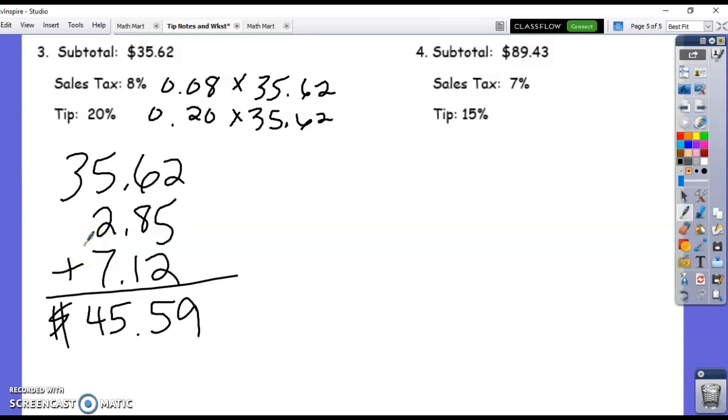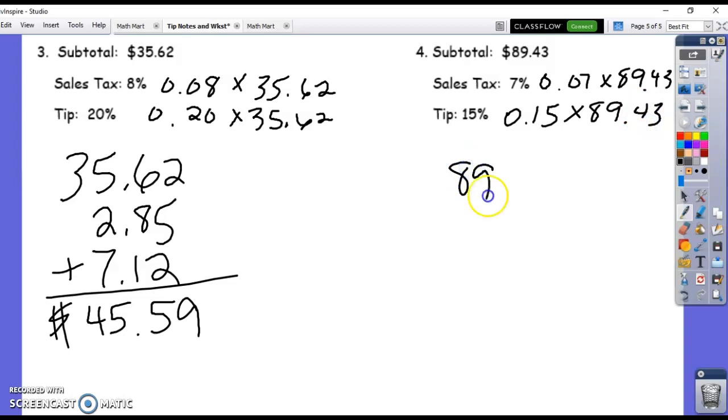Okay, welcome back. Sales tax, 7%, 0.07. And I'm going to take that times my subtotal. And my tip is 15%, so I know that's 0.15. And I'm going to take that times my subtotal. So now I have a subtotal of 89.43.